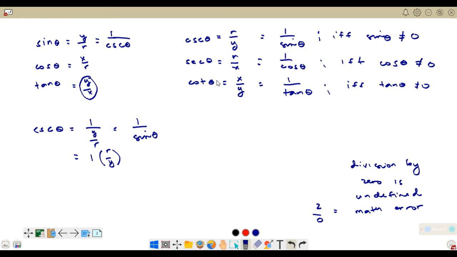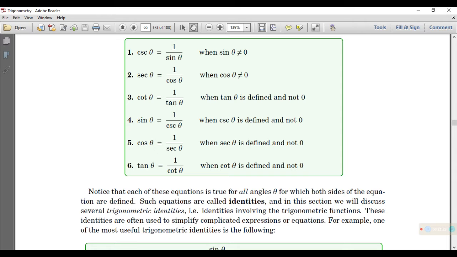Ganun din dito sa cotangent. So, dito sa tangent, if your adjacent is 0, si cosine is 0, undefined na si tangent. Si cotangent naman, kapag si sine ay 0, hindi na rin siya defined. So, undefined na rin siya. So, you have to be sure that for the tangent theta, it is defined and not equal to 0.